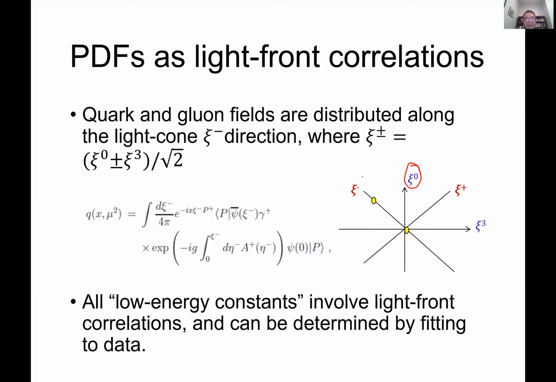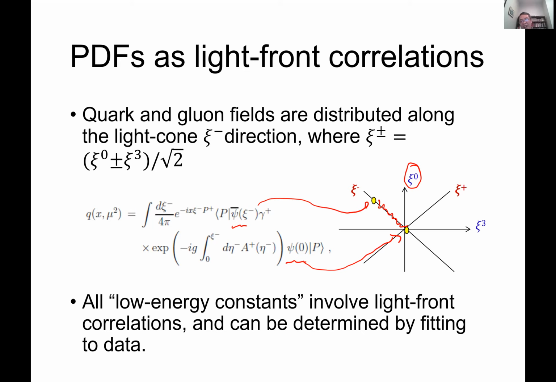The Parton distributions are matrix elements in the hadron states involving, in this case, the quark bilinear operators, and those quark fields live along the light cone. So this one lives at x minus, this one lives at 0, and you have a gauge link in the middle. And this is the nature of this kind of low energy constants.